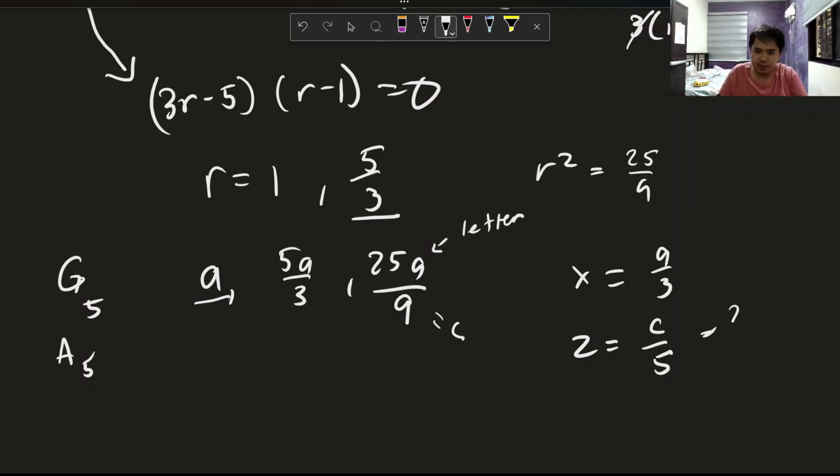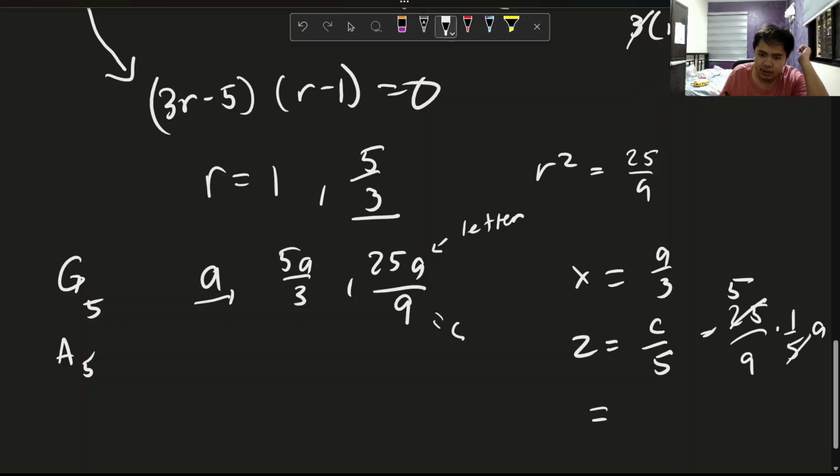So C over 5 became 25 over 9 times 1 over 5A. We have to cancel this out, and we get 5. So Z is now equal to 5A over 9. X is just A over 3.